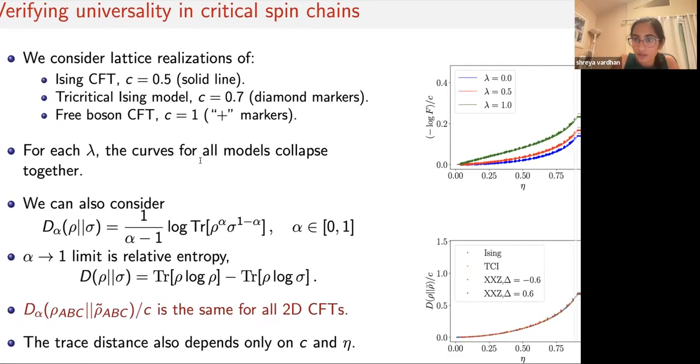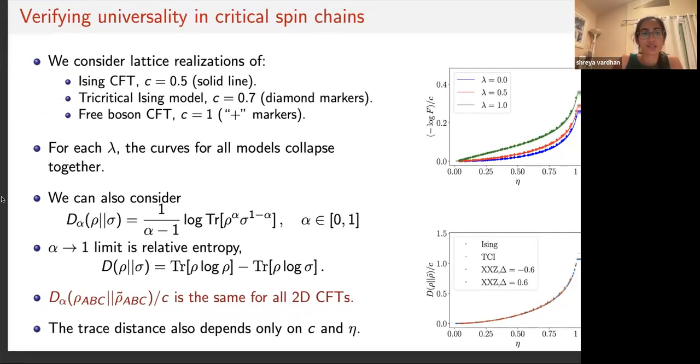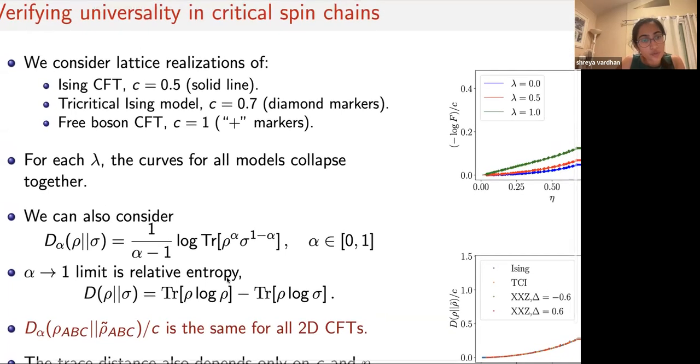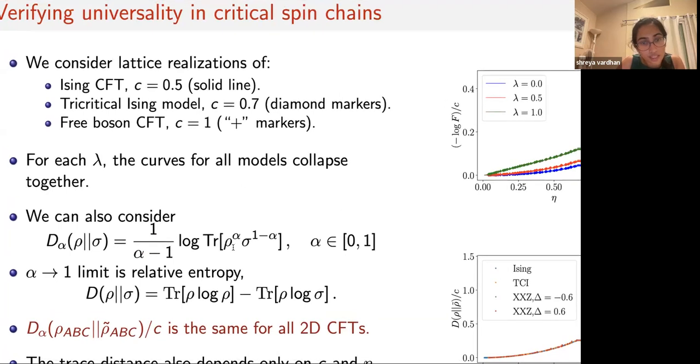Right. And then I didn't discuss the other distance measures between rho and sigma explicitly, but one other thing we can look at is the familiar relative entropy, which is this kind of asymmetric measure of the distance between rho and sigma. And there's also a 1-parameter generalization of the relative entropy in terms of some alpha, which looks like this. Its alpha going to 1 limit is the usual relative entropy.